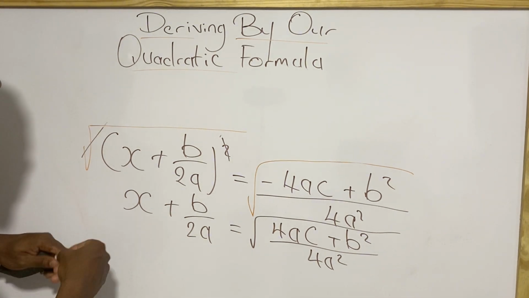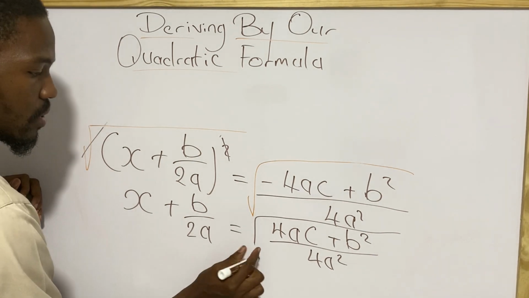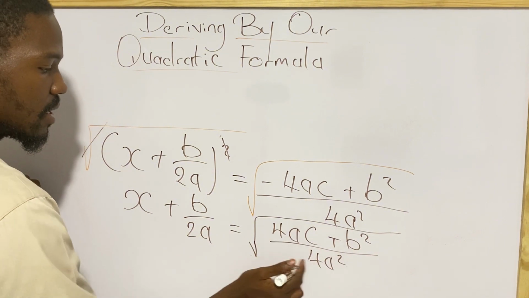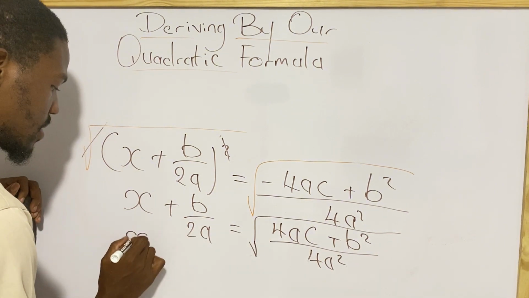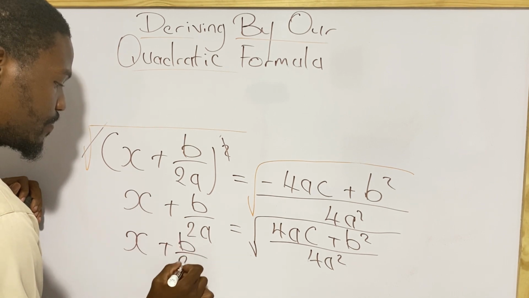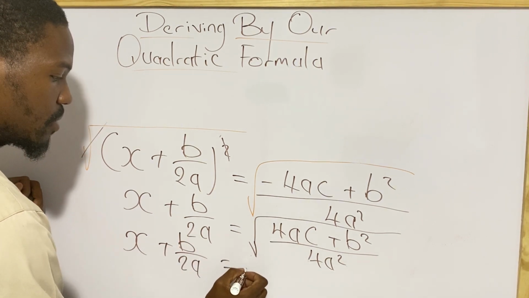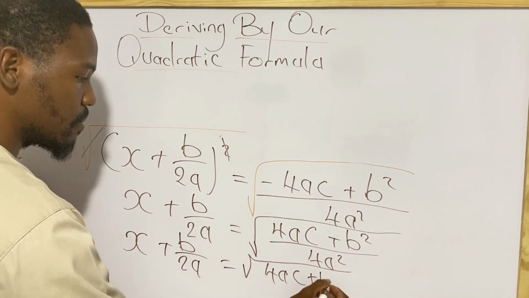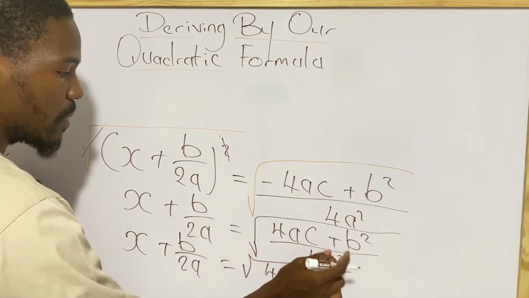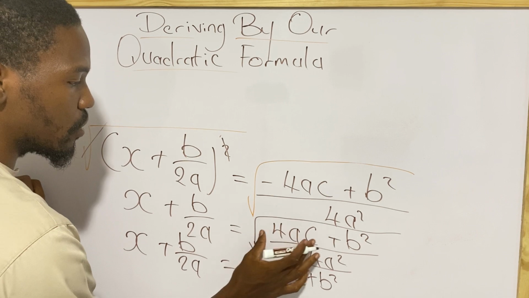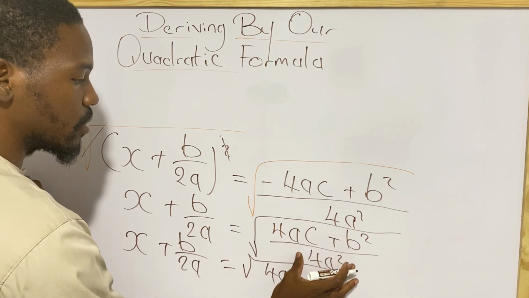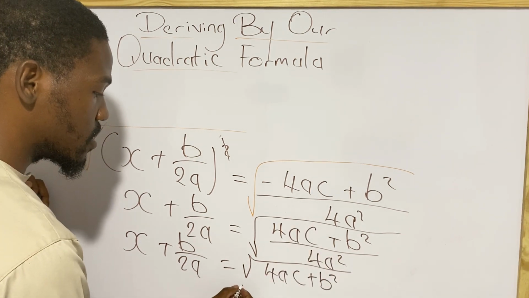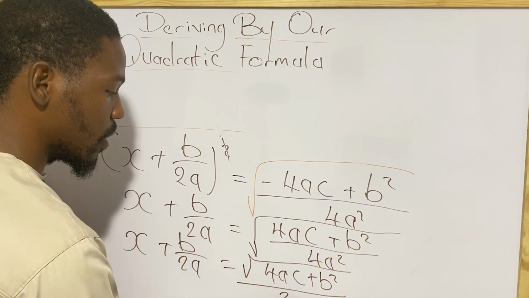Having this written out as this, we need to see that the square root of this literally gives me back this expression right here. So this is going to be the square root of 4ac plus b squared, because this square root is square rooting this, and it's also finding the square root of this. But if you look here, 4 is a square number and a is also a square number, so we can literally just have that over 2a.